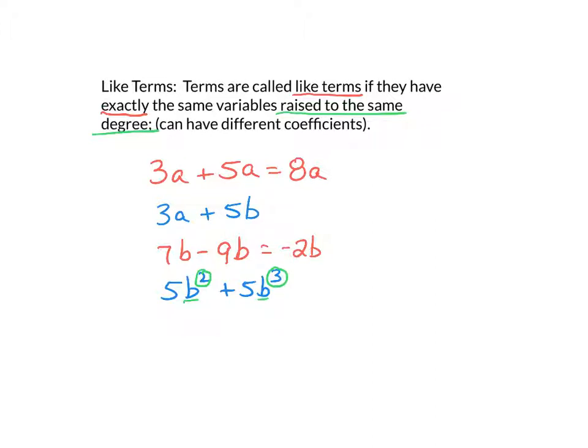The same thing if I have 3xy squared plus 3xy. Even though the x's are the same, I still cannot combine these terms because the first 3 is associated with an xy squared. The second 3 is just associated with an xy. So once again, there's nothing at all that I can do with that.